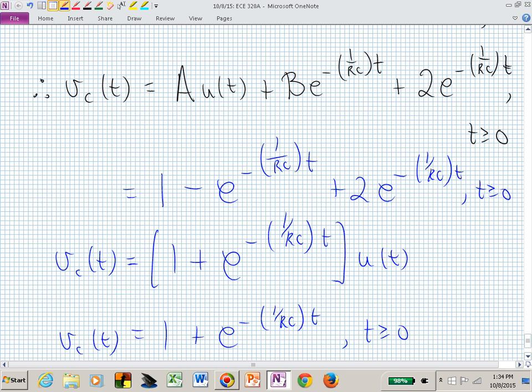I have a u of t, but u of t is 1 only for positive values of time, and I'm already saying that with my comma t greater than or equal to 0. Don't think too much about it. It just is a switch, u of t.